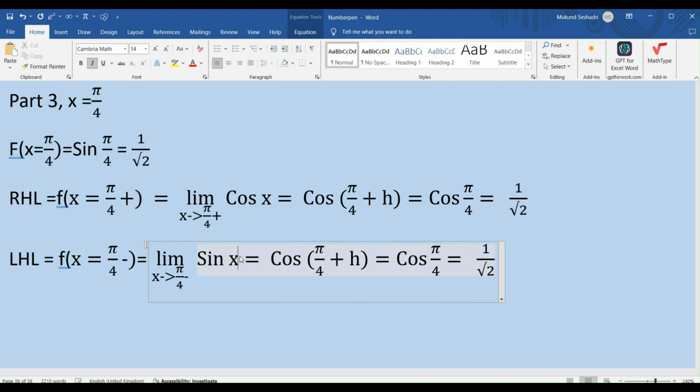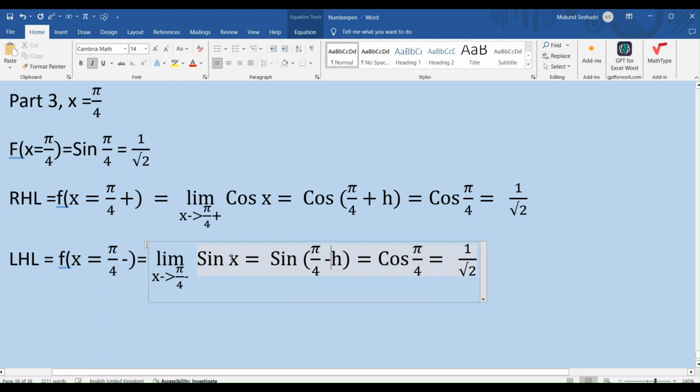Sine of x, and I have it as sine of pi by 4 minus h. And I further establish that my LHL is also sine of pi by 4, h being infinitesimal and small, and I have it as 1 by root 2.